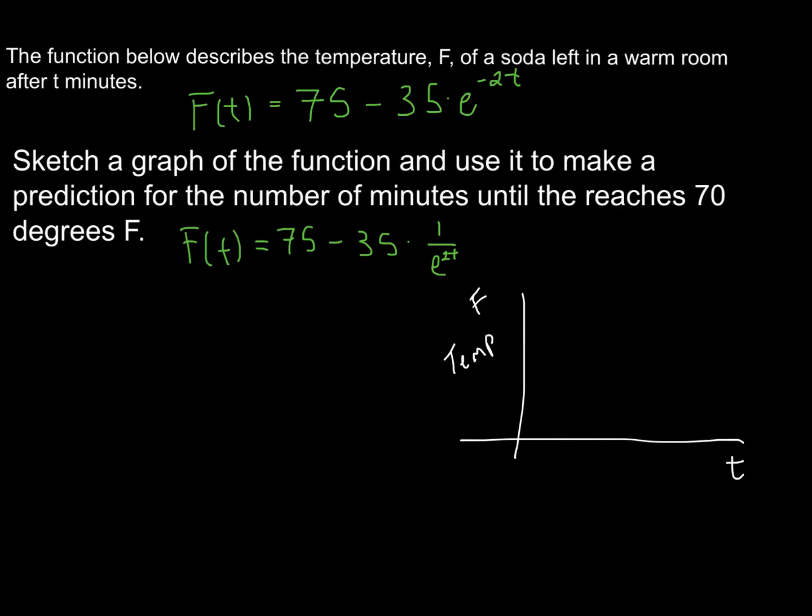First thing to notice is that we have an exponential, 35 times e to the negative 2t. And as I always want to do, if I have a negative exponent, well, I'm better at working with positive exponents. Those are much easier to understand. So instead, let's write this in a positive exponent form as 1 over e to the 2t.